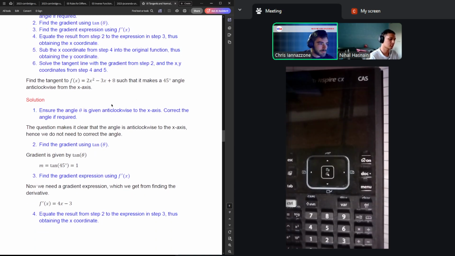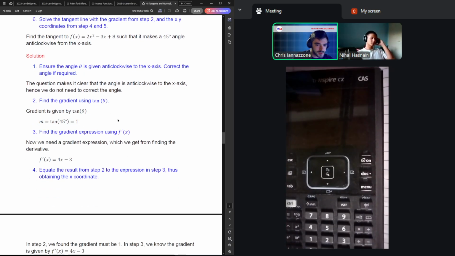So again, if we think about the basics of getting our tangent line, we need gradient and point. We have gradient. We now need to figure out how we're going to get the point. So first up, we'll convert that tan 45 into 1, so it's actually a gradient value rather than an angle value. And the next thing we've got to do is figure out how we're going to make use of that to work our way back up to the point that we're taking our tangent at.